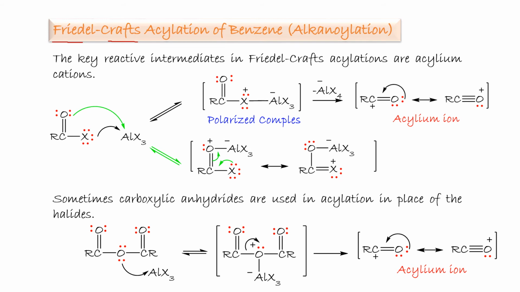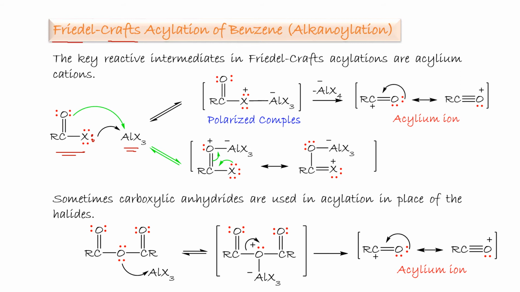Friedel-Crafts acylation of benzene. The key reactive intermediate is not a carbocation itself, but the acylium cation. Starting with an acid halide, using aluminum chloride as a catalyst, they will interact: the Lewis base, lone pair donor, and aluminum chloride, lone pair acceptor.